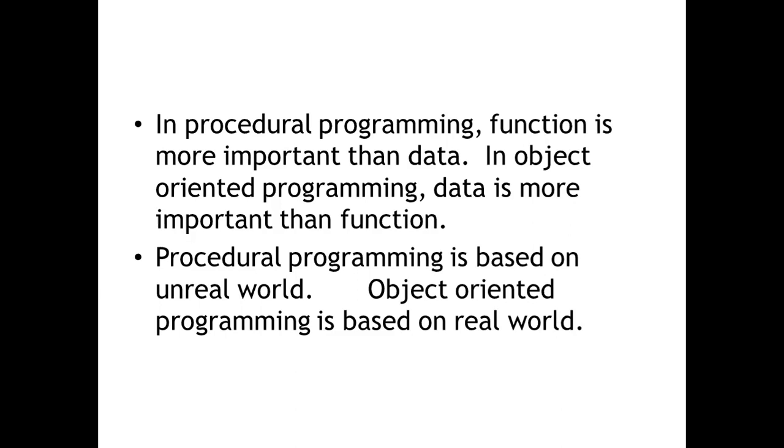But in object oriented programming, more emphasis is on data, as we recently studied about access specifiers, meaning how to secure our data and who can access this data. So object oriented programming emphasizes data.